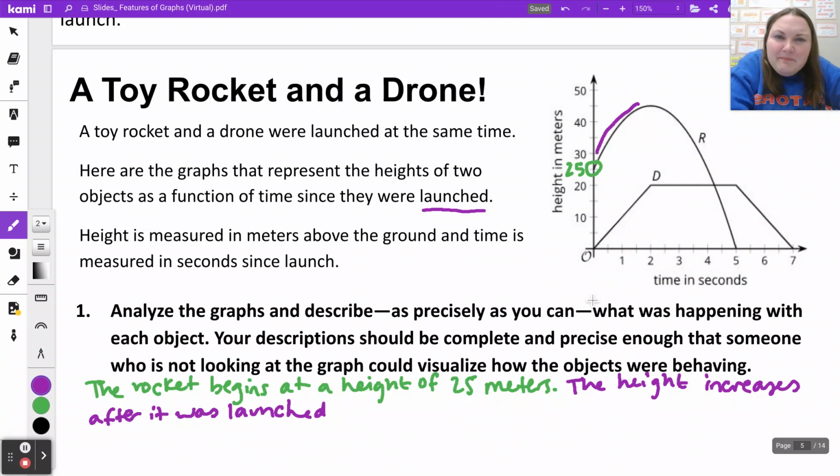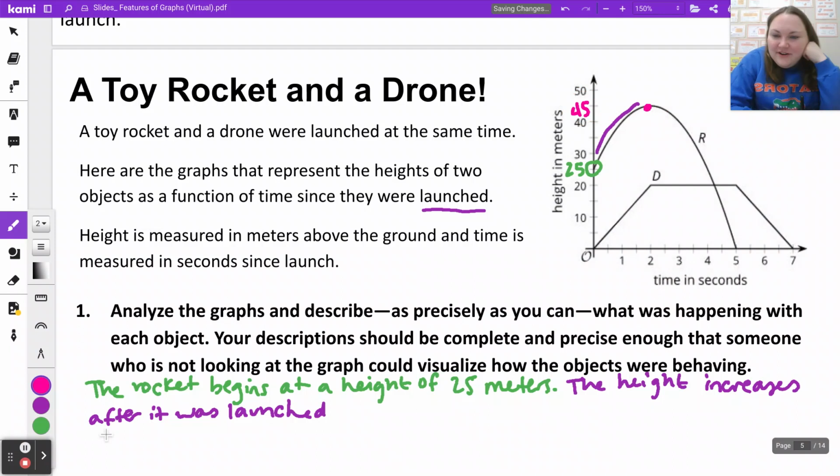And let's put some numbers to this. So you might tell me how high up it gets. You might tell me how long the height is increasing before it starts to not increase. I'm looking at the graph and it looks like around here is where it stops increasing. So I'm going to estimate that as 2 seconds and about 45 meters.